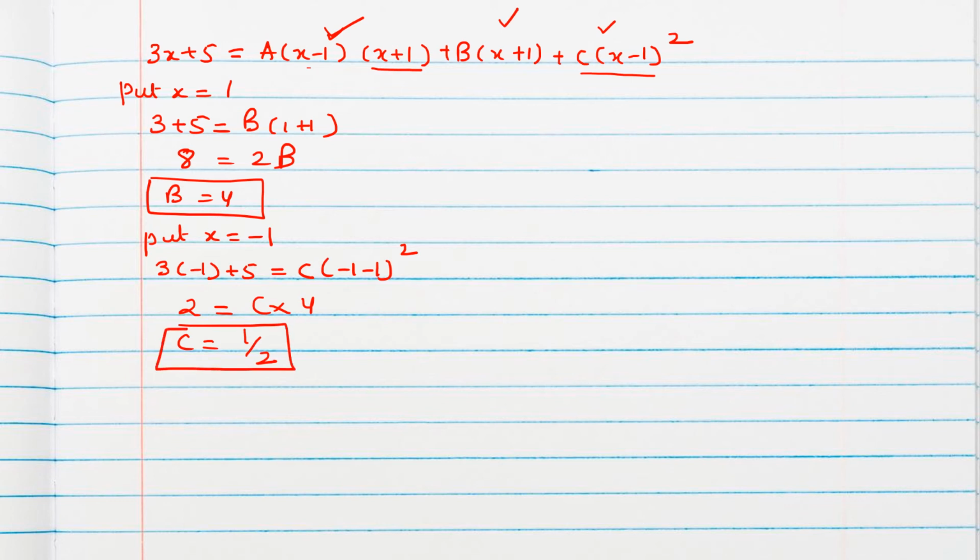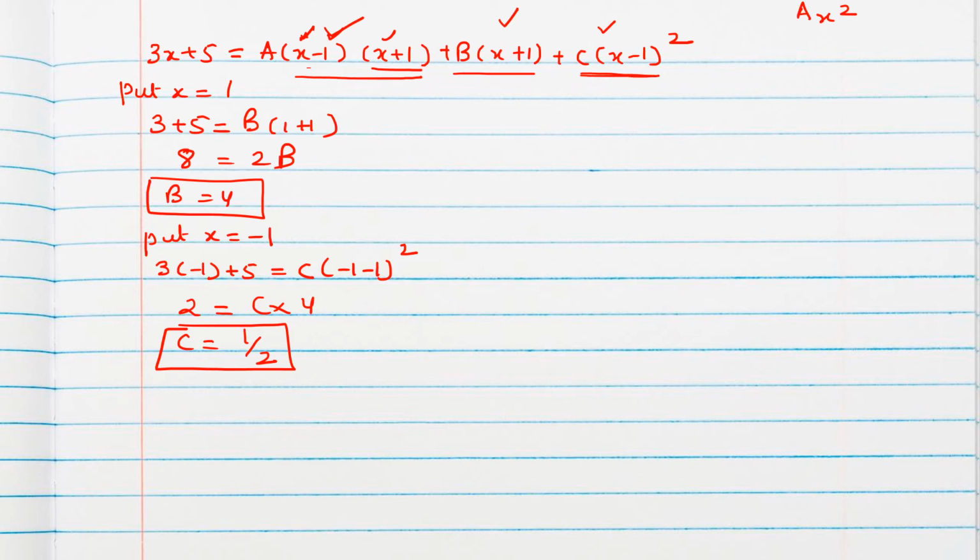Now we cannot find a using this method, because if we substitute x as 1, the a term will go, and if we substitute x as minus 1, that time also the a term will go. So we can compare the coefficients. We compare the x square coefficient, because if you multiply these two brackets, the first term will be x into x, x square, and that we also multiply with a, so a x square will be there. In the second term we won't get any x square term.